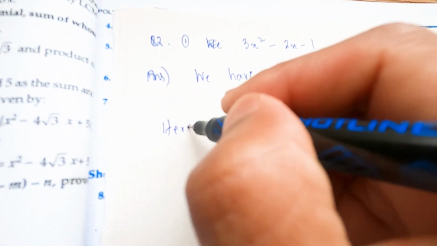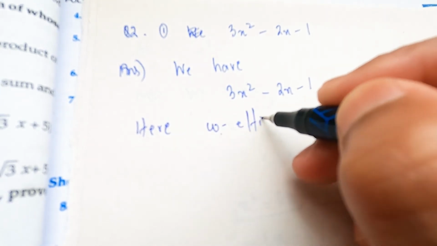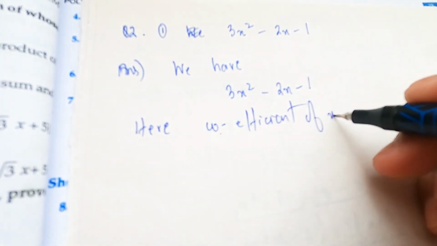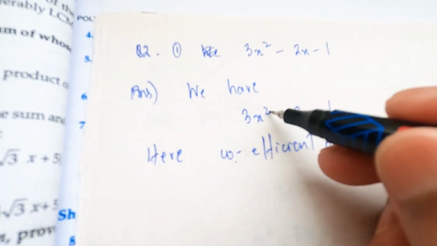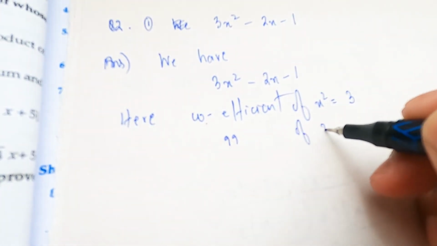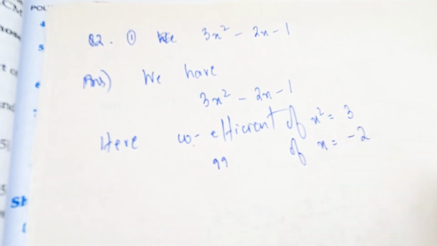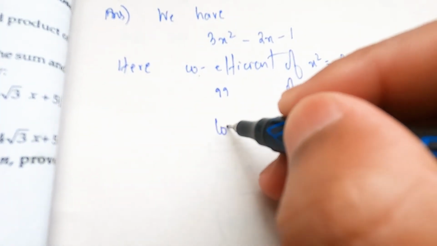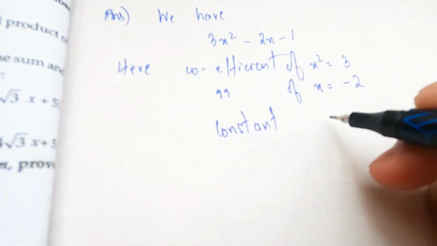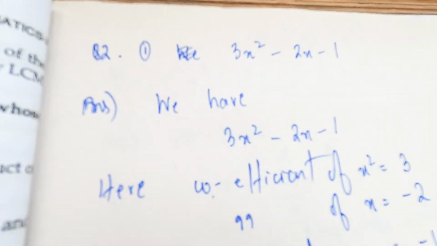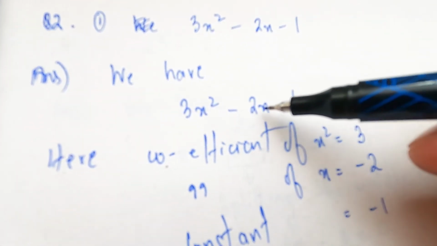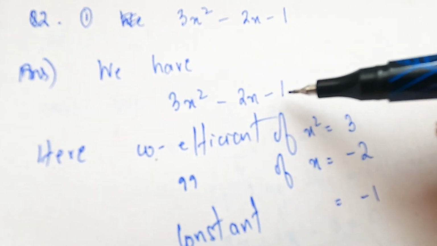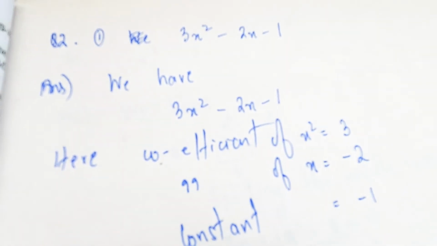So here you will write: the coefficient of x square will be 3, the number together with x square. Then the coefficient of x will be minus 2, and the constant term is equal to minus 1.